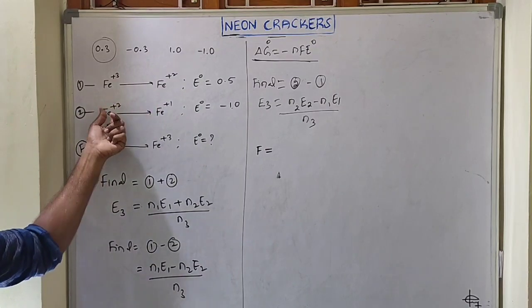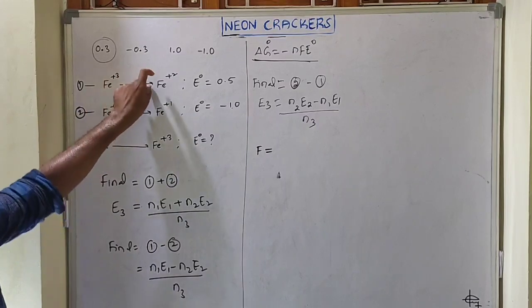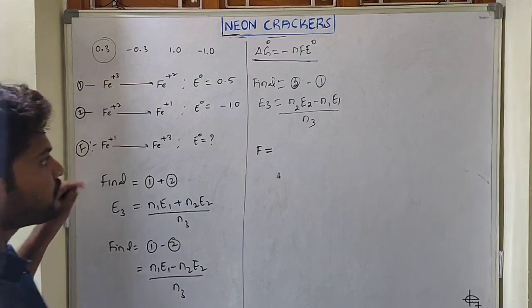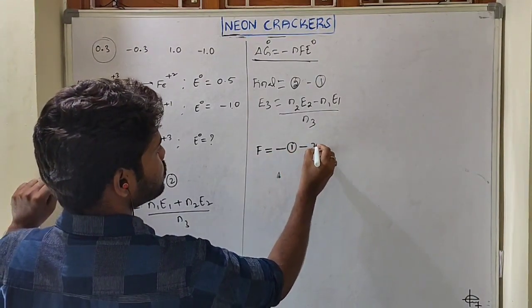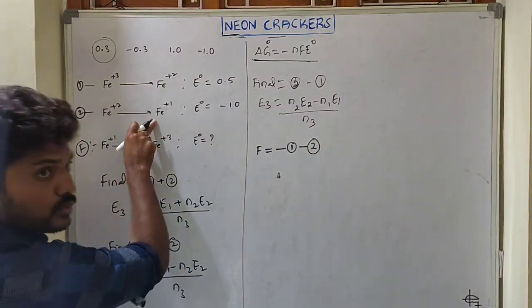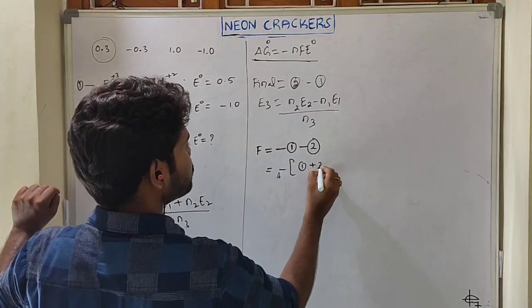If you write this reaction in reverse, Fe+ comes on the reactant side. If you write the other reaction in reverse too, Fe3+ comes on the product side. Since we are interchanging both reactions, overall the equation is minus of 1 plus 2.